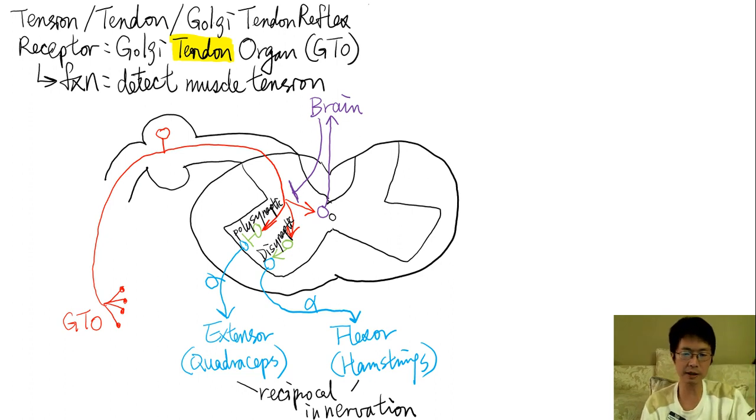And then you will go through this excitatory synapse to activate or excite the green inhibitory neuron. Yes, activating the inhibitory interneuron so that the inhibitory neuron will fire action potential and release GABA because it is inhibitory, right? You release the GABA. So the GABA will bind to the alpha motor neuron here.